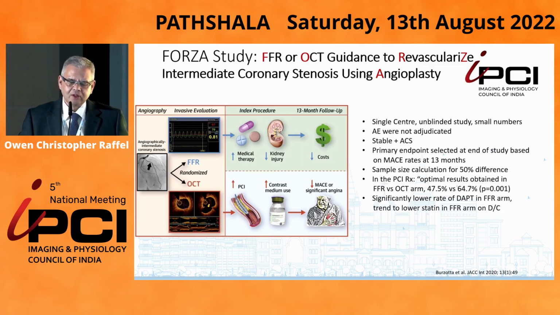But this study really doesn't change practice, and there are many issues with it. What it does show is that if we're looking at intravascular imaging to assess hemodynamic significance, we probably need to move away from pure 2D markers and expand our horizons.